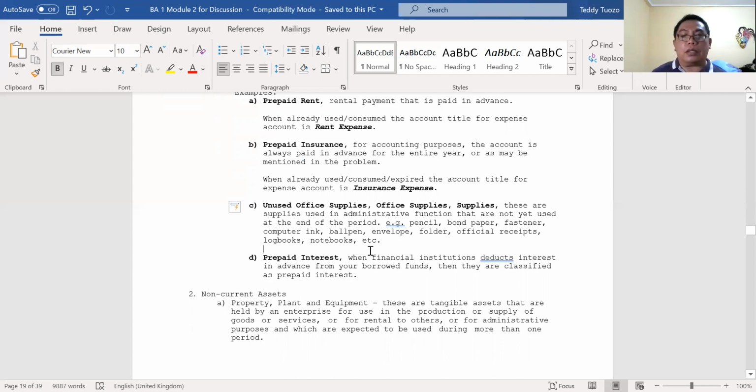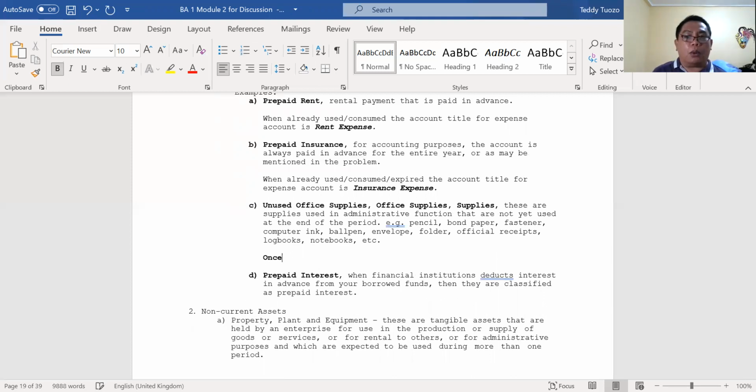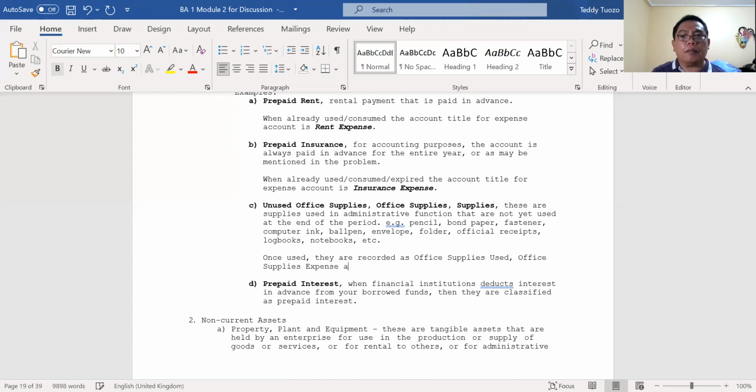Once consumed or once used, the office supplies, as an asset account, the expense is office supplies used.